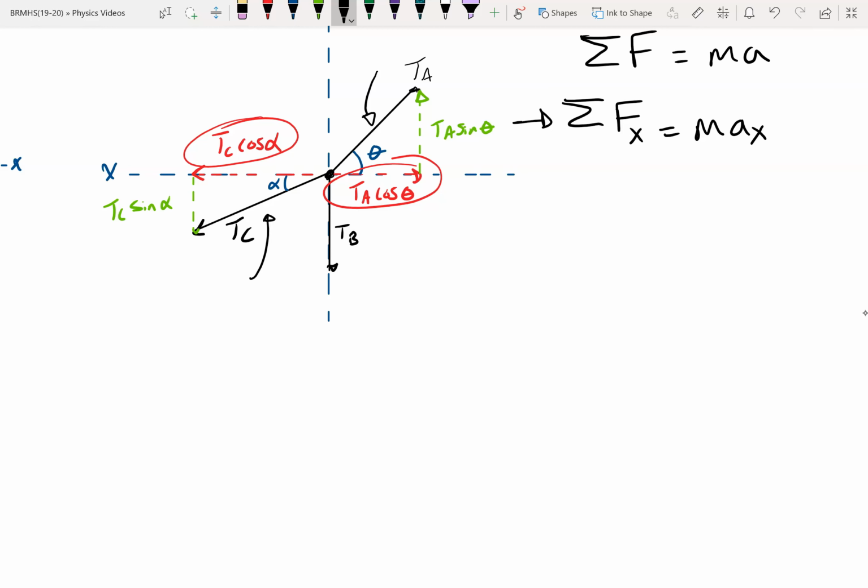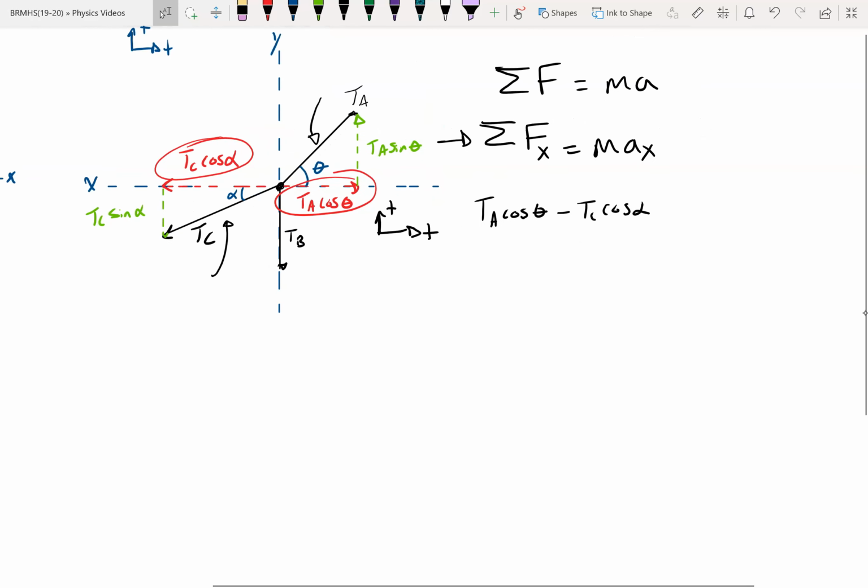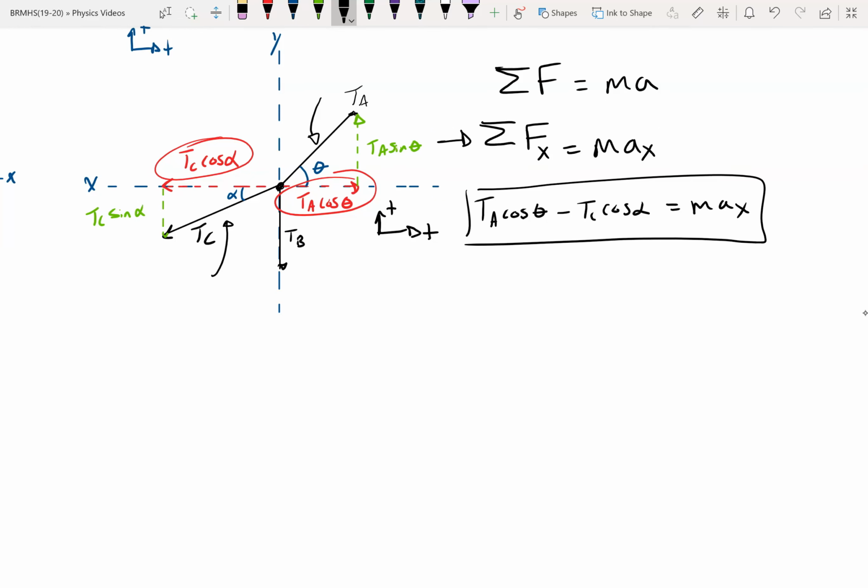So to the right is the positive direction, and up is the positive direction. That means TA cosine theta is positive. And in the negative direction is TC cosine alpha. Those are the only forces in the x direction. So then I'd have equals MAx. So there's my true statement about the x direction.